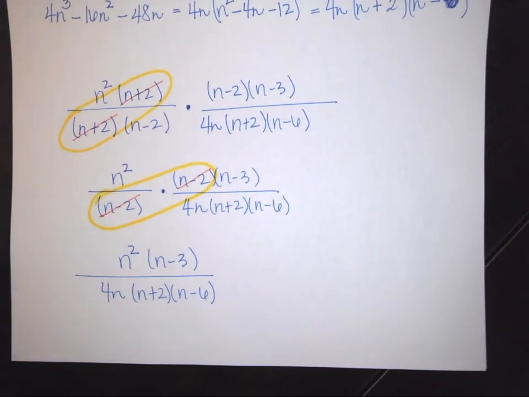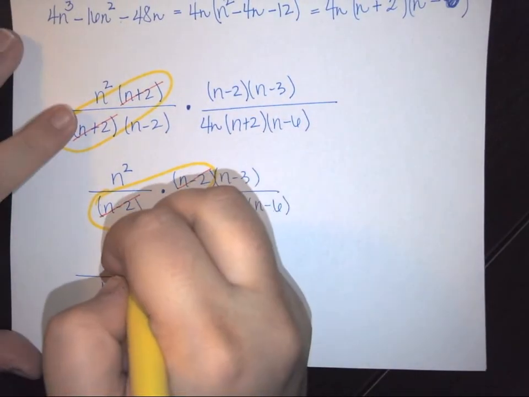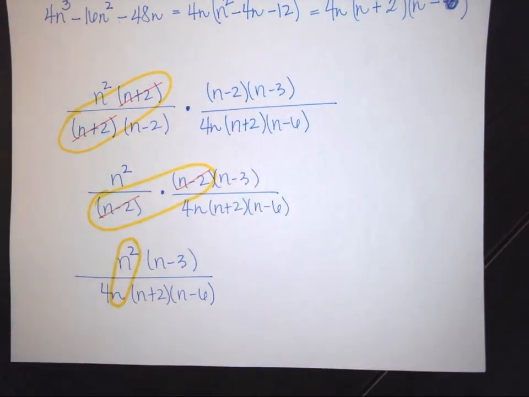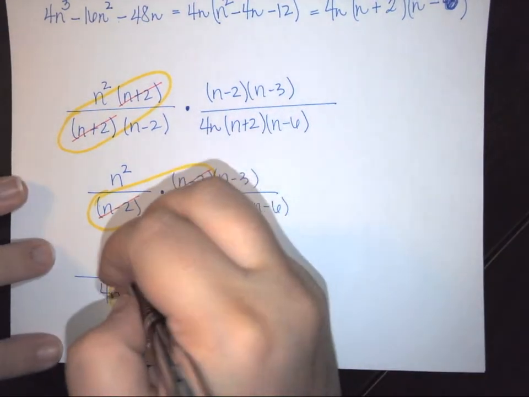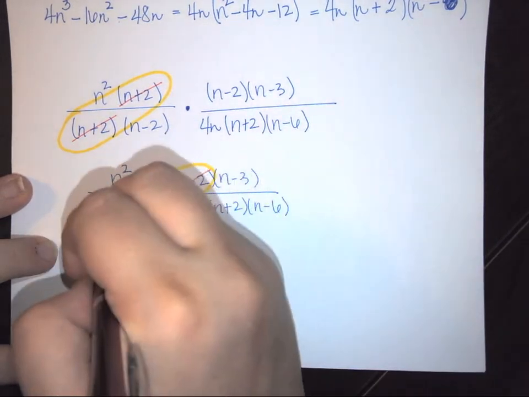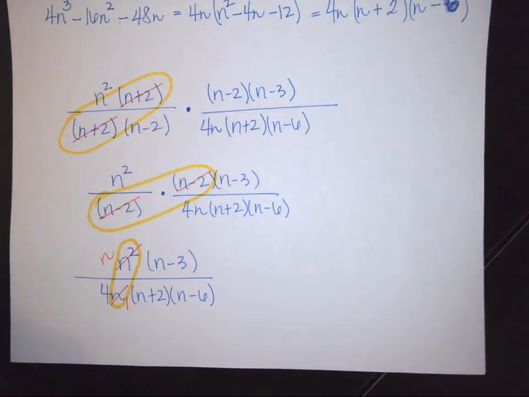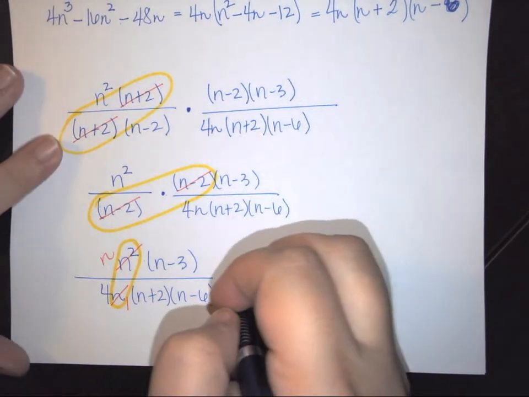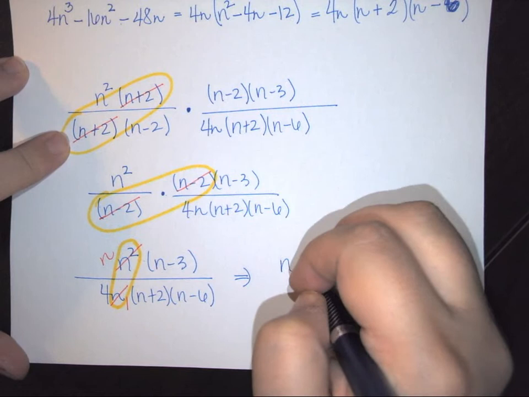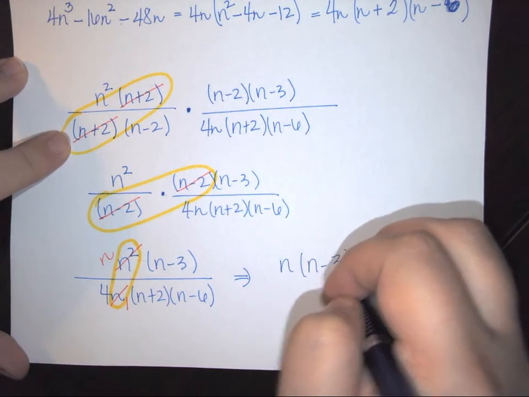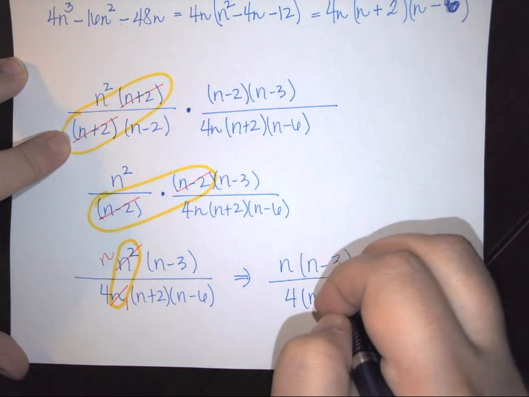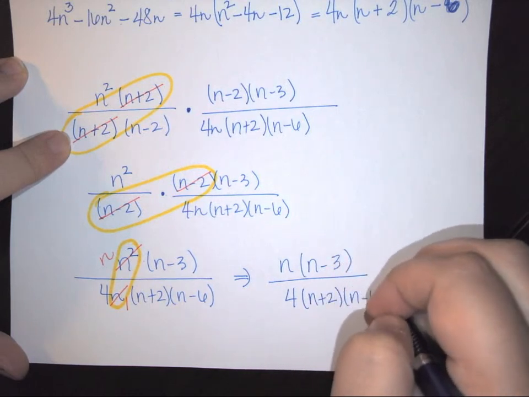The last thing I can look at is that I have this n squared and I have an n. So I can reduce these. So both of these will change. This becomes a 1 and my n squared becomes an n, thus giving me the reduced form of n times n minus 3 all over 4 times n plus 2 times n minus 6.